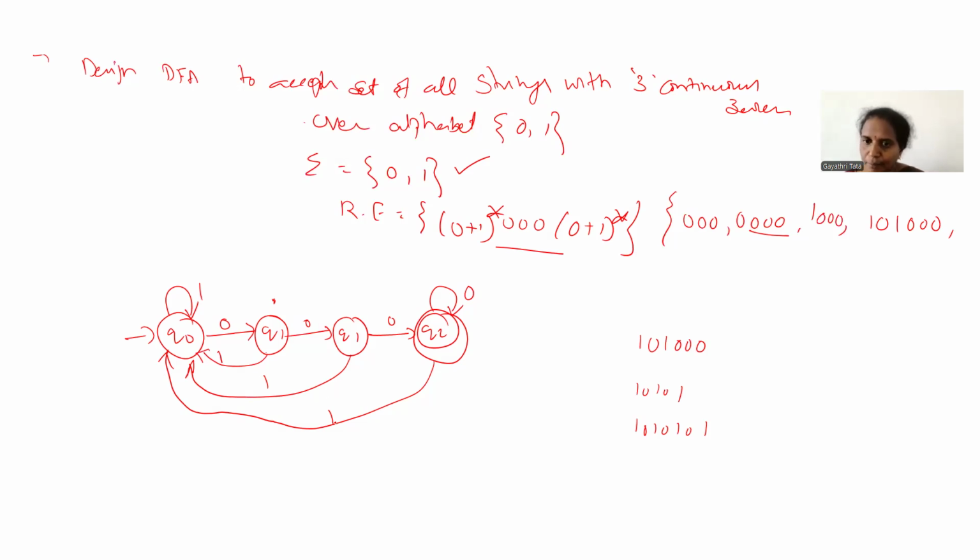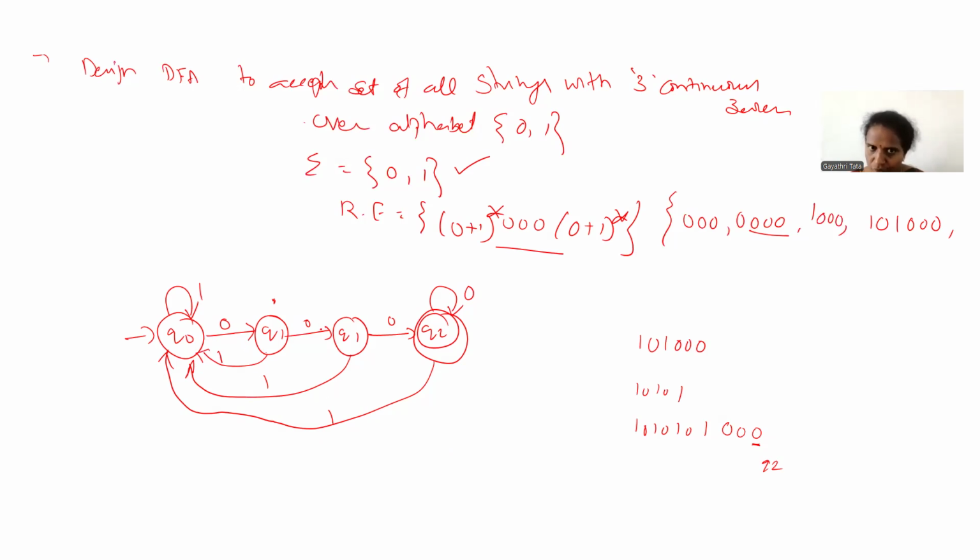Right? See, for example, my string, that means here see 3 zeros. Here we have to reach to the final state. In this example, our final state is Q2. We'll check that. 1 0 1 0 1 0, okay, 1.